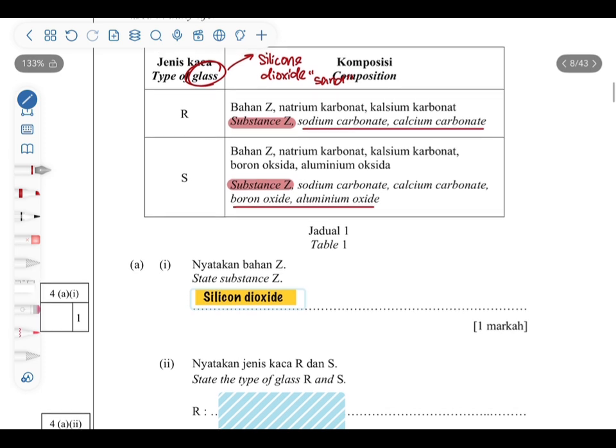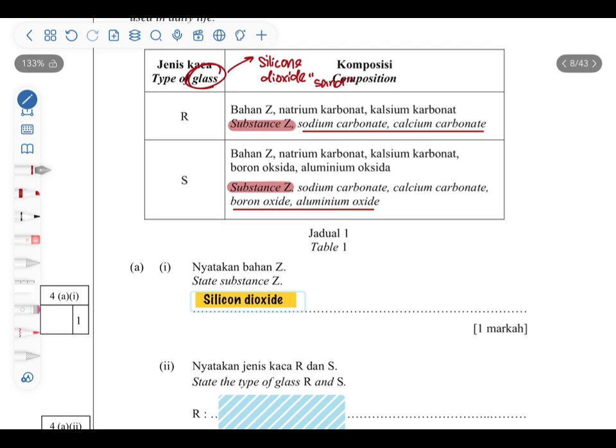Okay, state the type of glass for glass R and S. I already underlined that for glass R, we have sodium carbonate and calcium carbonate. It is the most common glass that we know, so the answer will be soda lime glass. This is the very common and ordinary glass that we use for common usage.